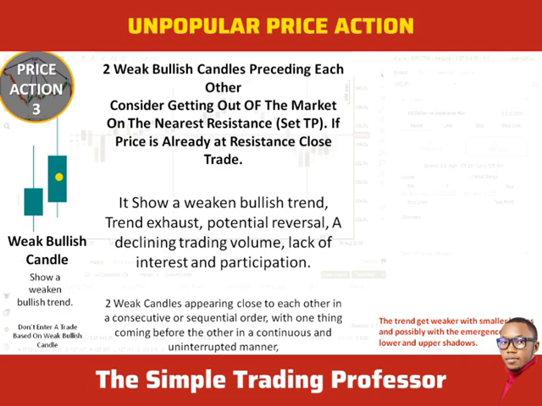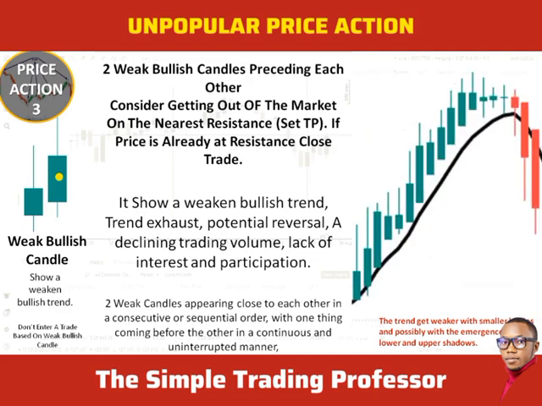Leave the market at the nearest resistance level, or set your take profit at or before the nearest resistance level. But if price has already touched the resistance level before these two candles appear, leave the market. Close your trade.